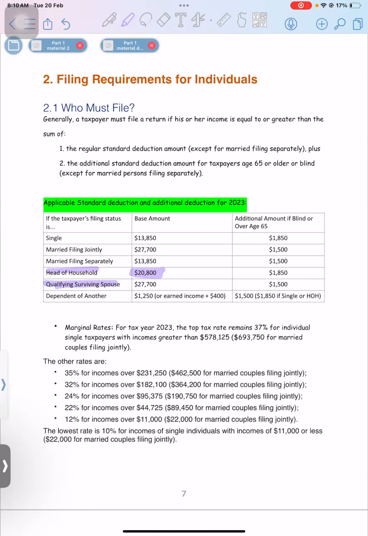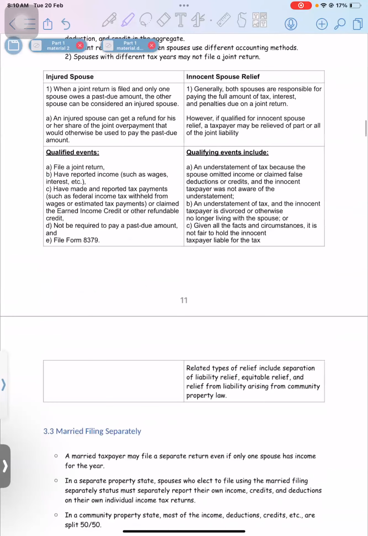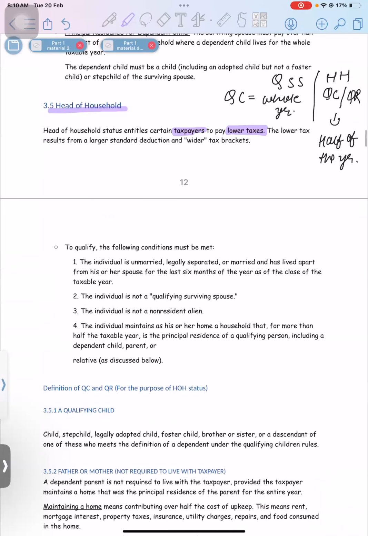For QSS, it is 27,700. And for the blind and 65 years of age, the additional deduction is also the same. Don't worry about the limits and everything. If you can remember, that's good enough. If you can't remember, that's fine. For exam purposes, they are not going to ask you any limits, right?